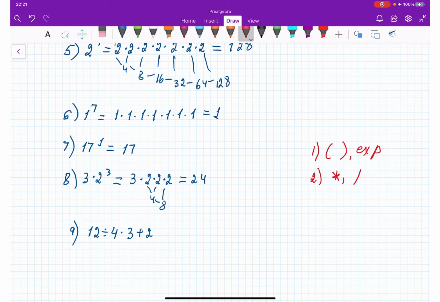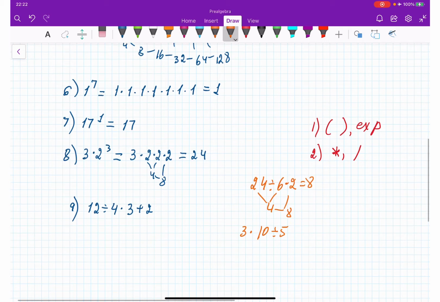For example, let me take an example here. If I have 24 divided by 6 times 2, so 24 divided by 6 is 4, 4 times 2 equal 8. Next, let me take a better number: 3 times 10 and divide by 5.